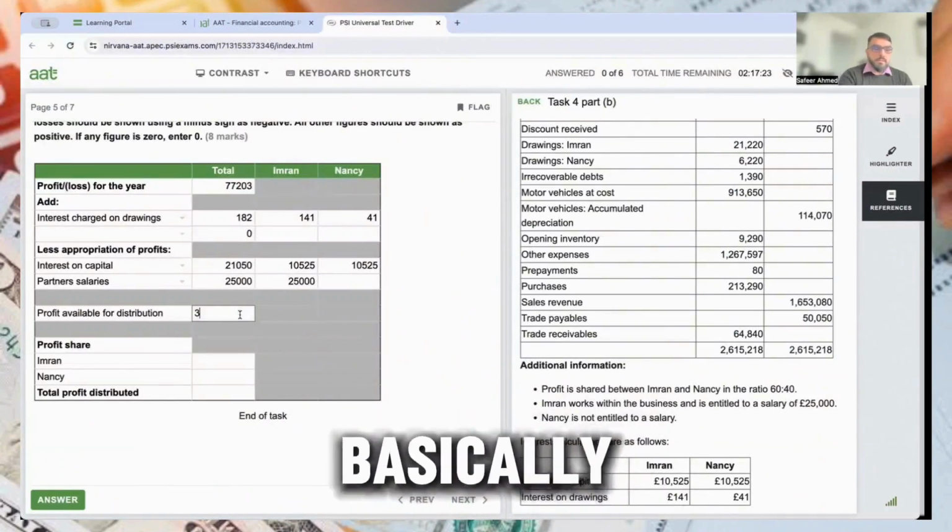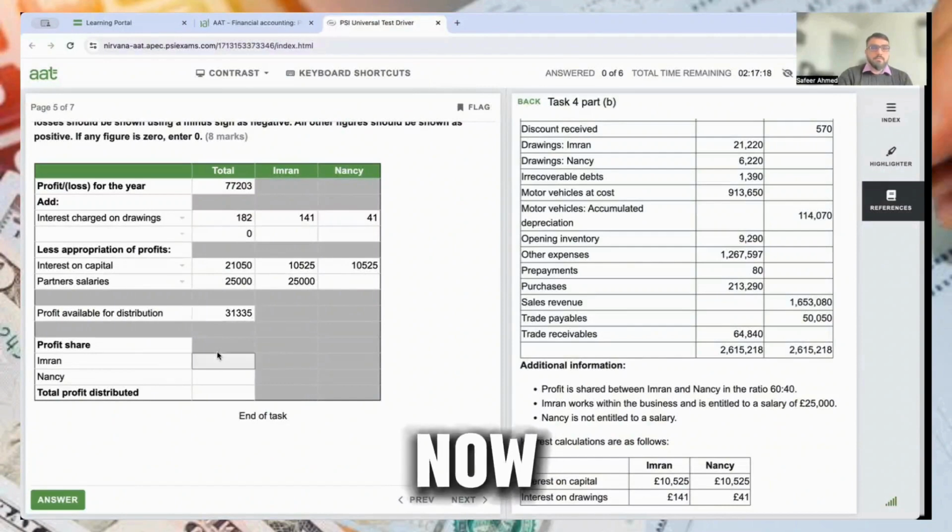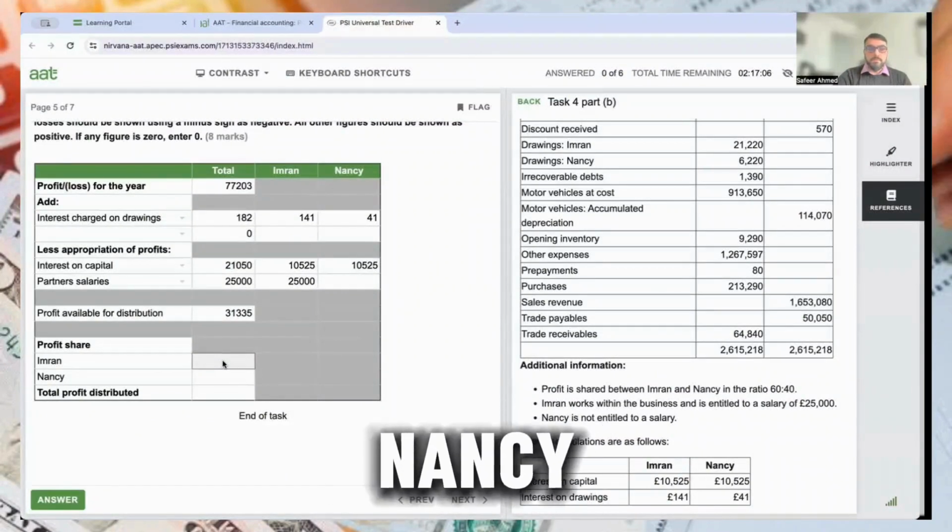Which gives you basically 31,335. Now this will be distributed between the partners, and they're given to you in the ratio of 60-40. So that means that 60% to Imran and 40% to Nancy.